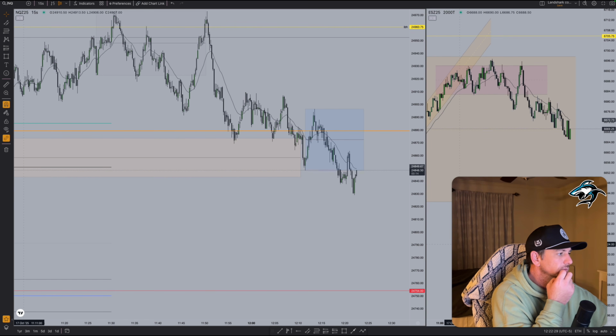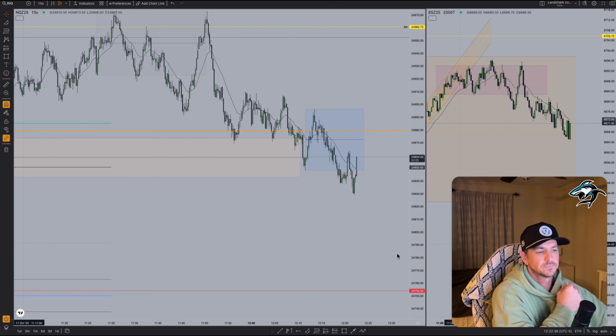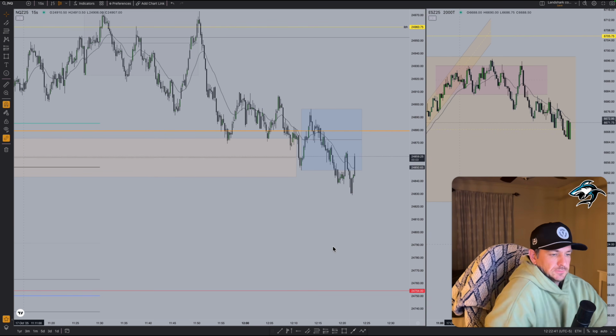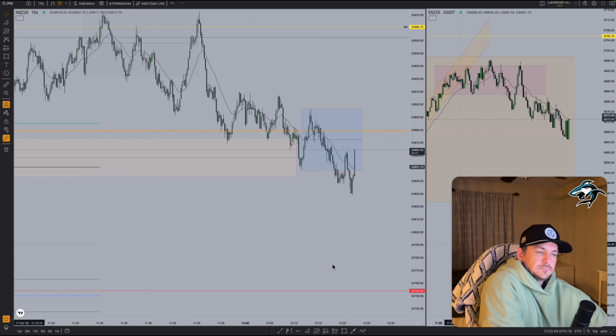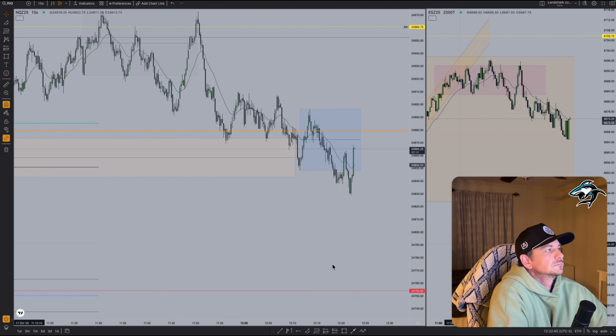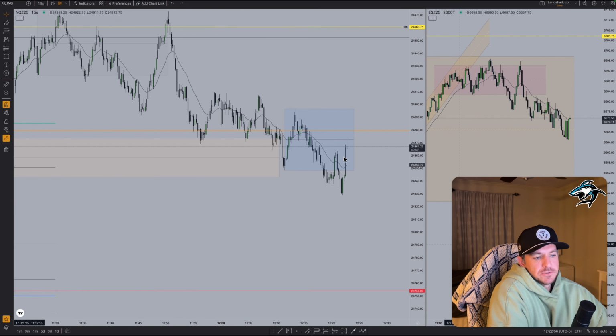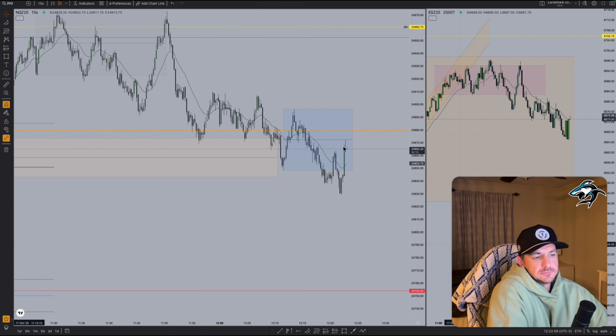Pull it up and see. So 2254 is P&L. And this is why I wanted to move quick. You could get a bounce back into this area.